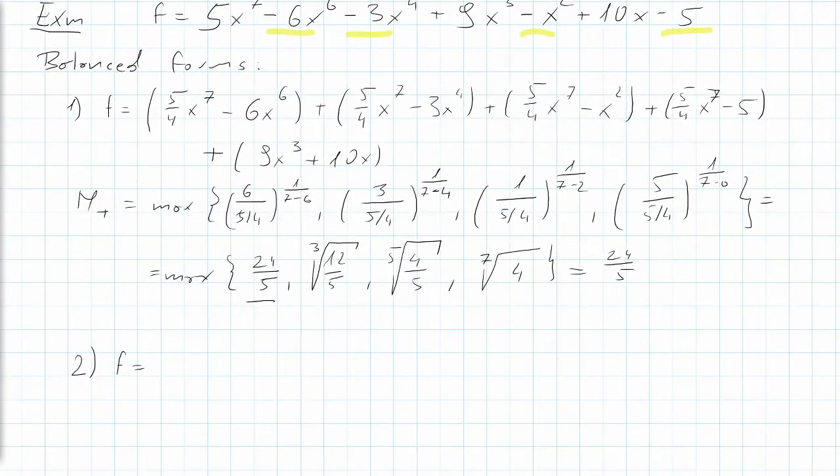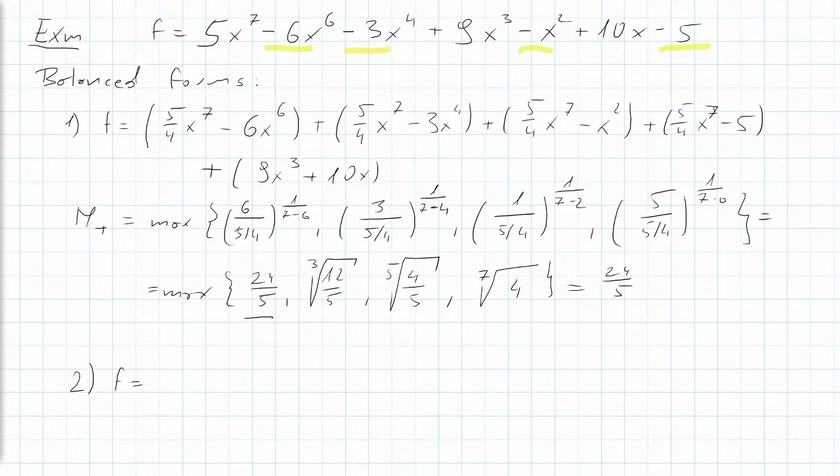Of course we need to use this term for these two guys, but here we can use other terms. So we can split 5 in a different way. So we will have not 5 over 4, but let's say 5 over 2 or something else.